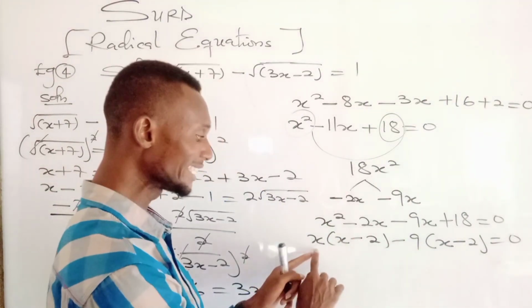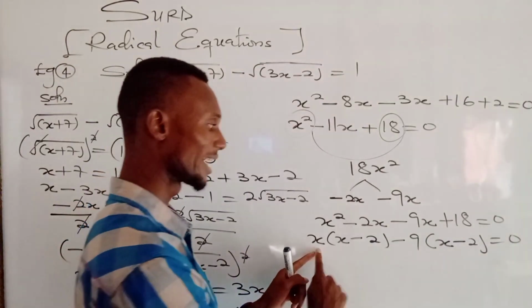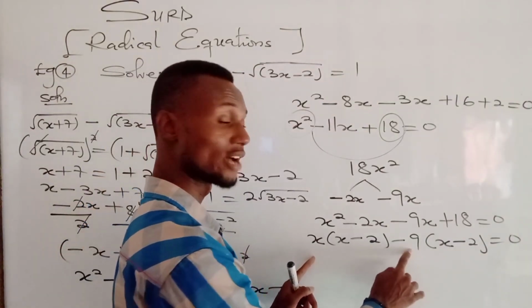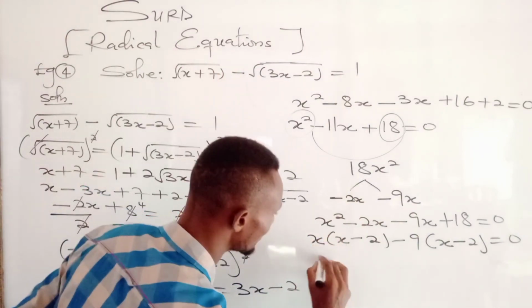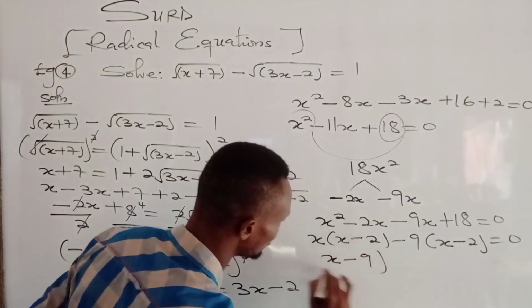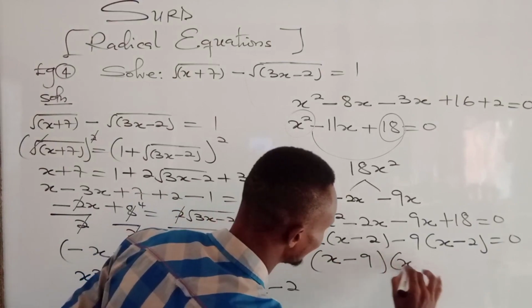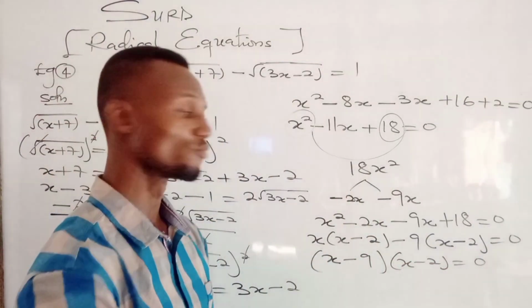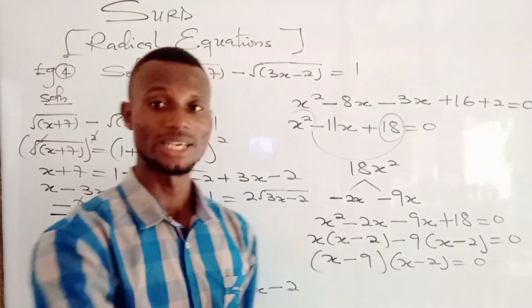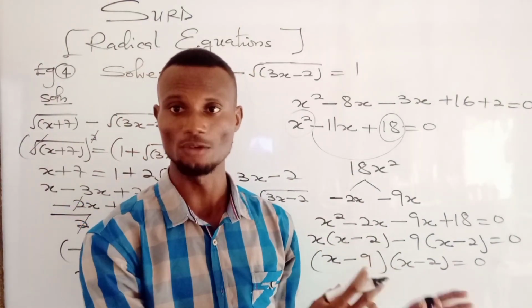So this s which is outside this bracket and this minus 9 which is outside this bracket, we are going to join them into one bracket. So we are going to have s minus 9 in one bracket, then s minus 2 in another bracket equals to 0.